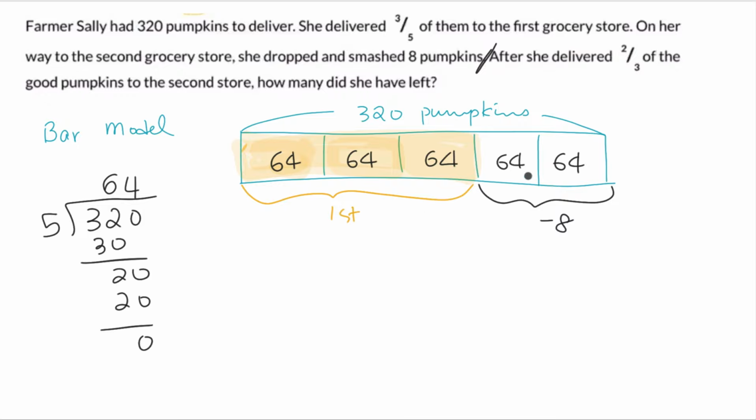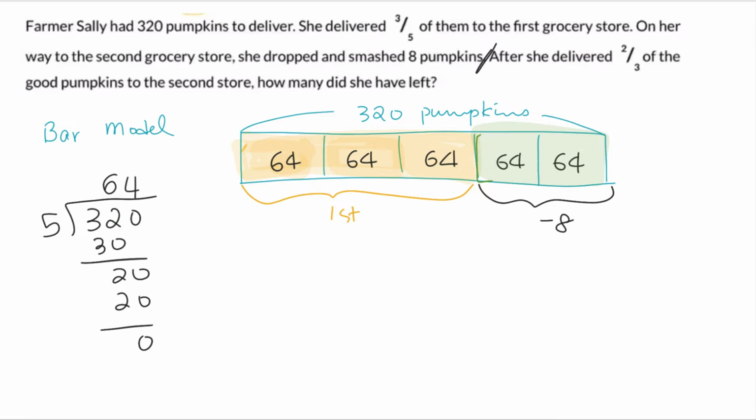We are looking at the second grocery store, and we see that on the way to the second grocery store, taking how many? This many, right? 64 and 64 together. That has to go to the second grocery store, but she dropped 8 of them.